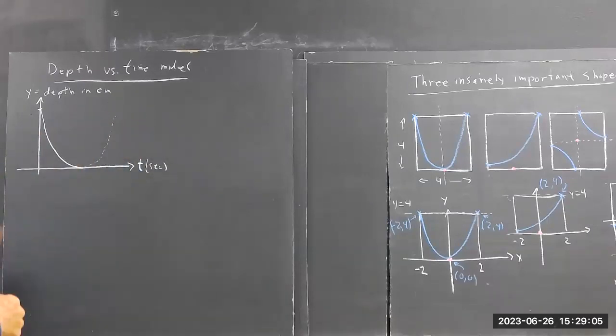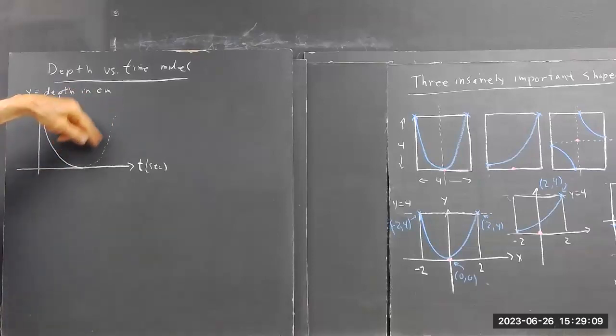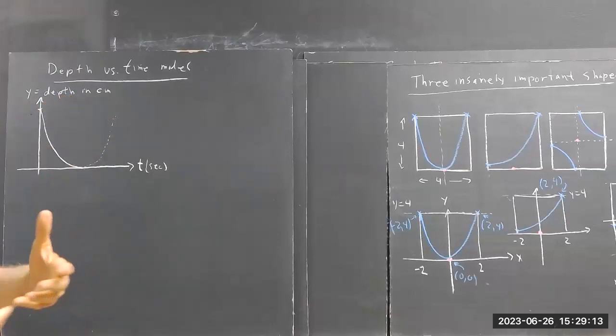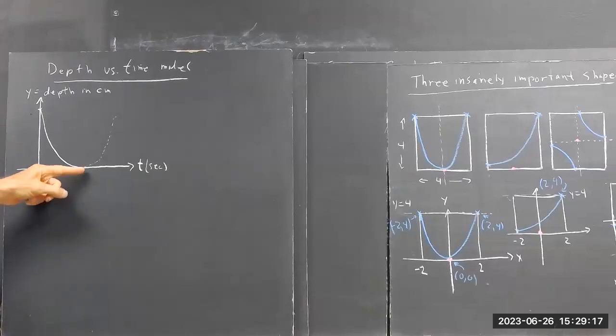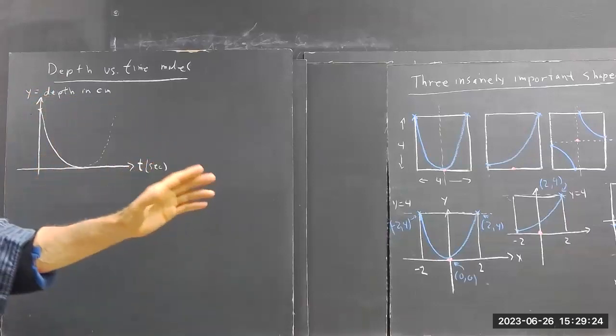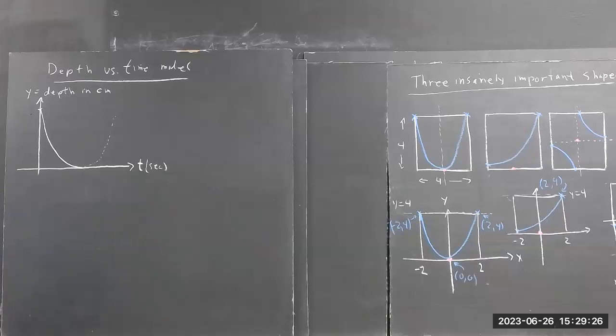Now this part doesn't matter. We say this part's not in the domain of the thing that we're observing because once the water is down here, it doesn't rise back up, even though that's part of this quadratic function. It's not relevant to the real world. So there's a parabola.